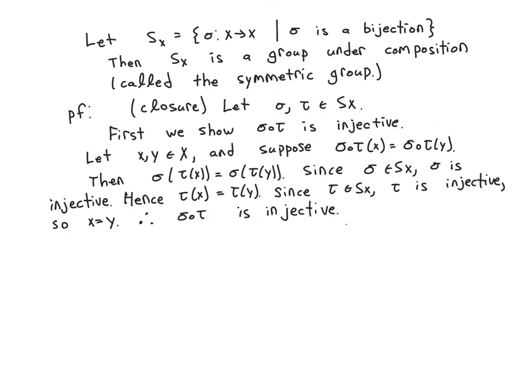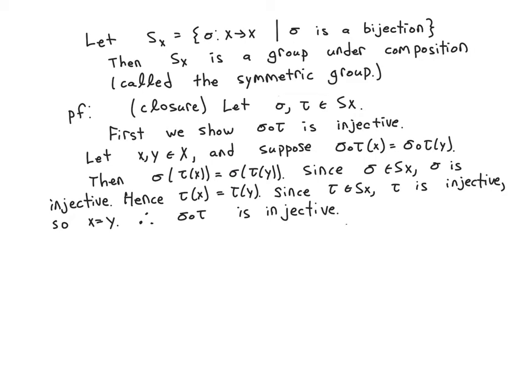So first we show sigma composed with tau is injective. We let x and y be elements of X, and we suppose that they are mapped to the same function value under this function. Well, what's the definition of composition? It's sigma applied to tau of x and sigma applied to tau of y. So these two are equal.